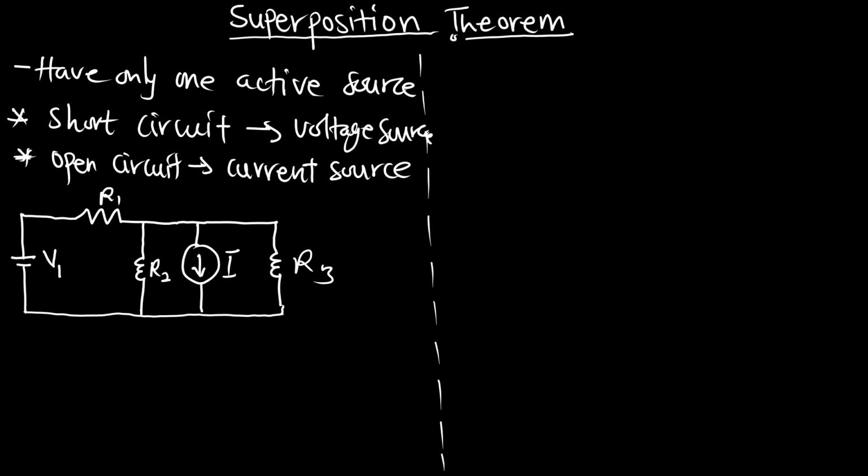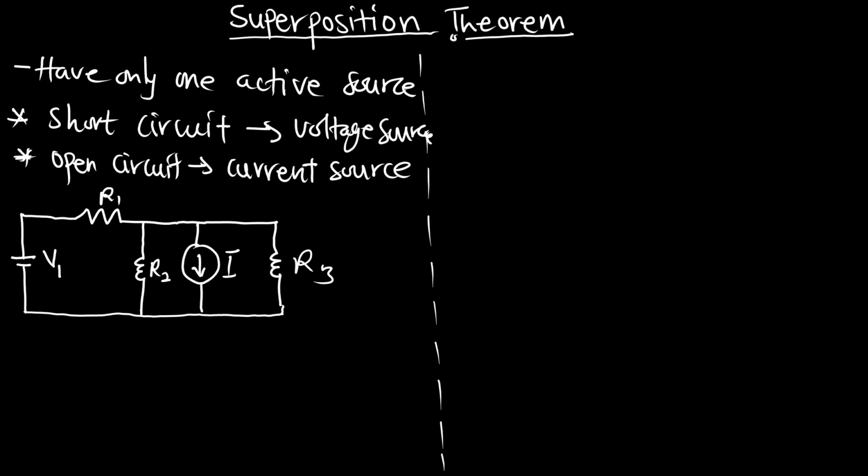So when you look at this circuit, we have voltage source 1 and current source 2. So we are having two sources. And what the superposition theorem is telling us is at any instant we should perform analysis and find current with only one of the sources.